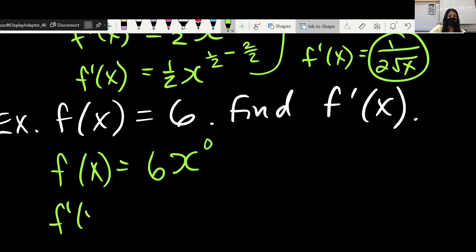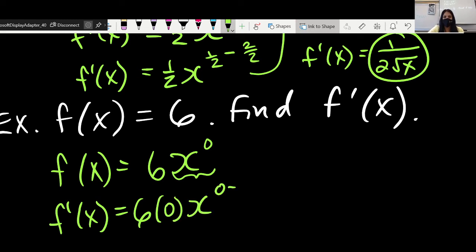So then if I want to apply my power rule, in this case, there's already a number out front. It's like I shove it off to the side and I deal with this part using the power rule. So it's like times 0, x to the 0 minus 1. Again, this is ridiculous. You would never actually write this down, but I want to make sure that you get where this is coming from.